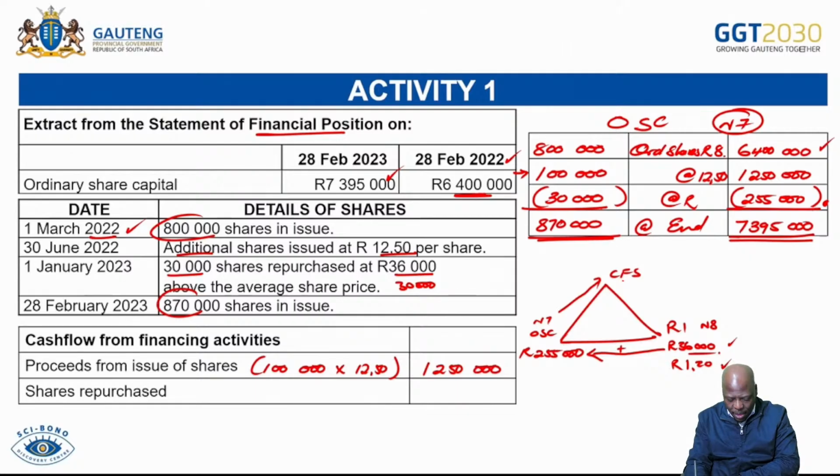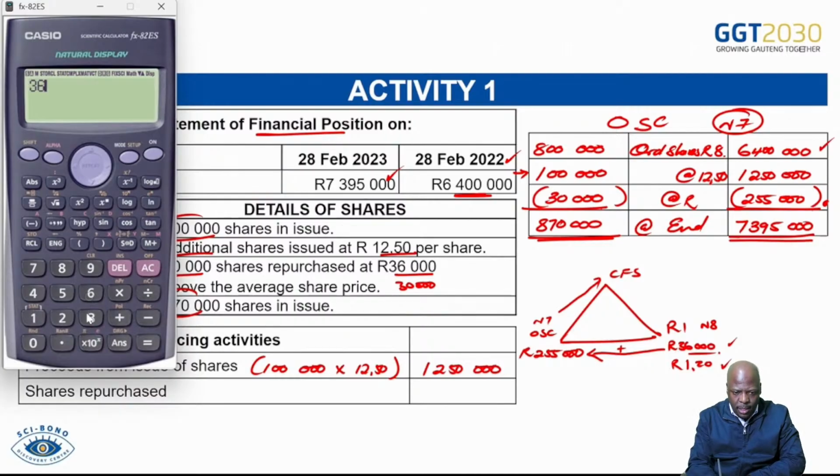So I'm saying 36,000 plus 255,000. That is going to give me 291,000.